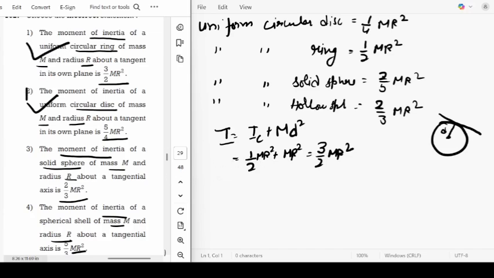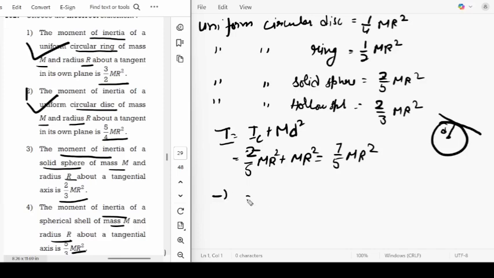Next is our option C. To check option C, solid sphere has moment of inertia 2 by 5 mr square plus mr square. That comes out equal to 7 by 5 mr square.